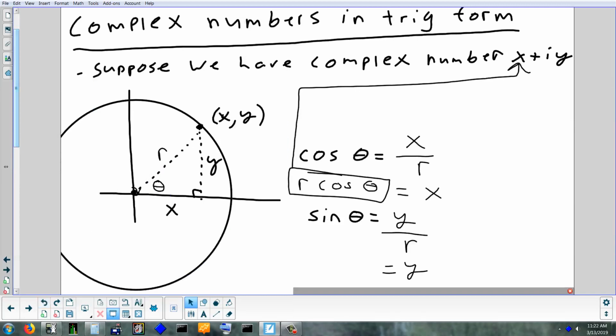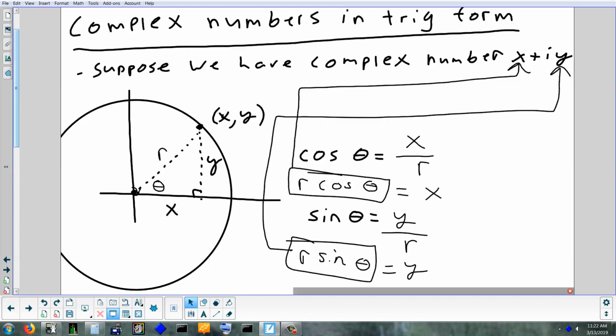I want to get y by itself again. r sine theta. So using right triangle trig, we just came up with a formula for x and a formula for y. Now this one is going to get plugged in right there. Any questions on how we got the formulas in those two boxes?